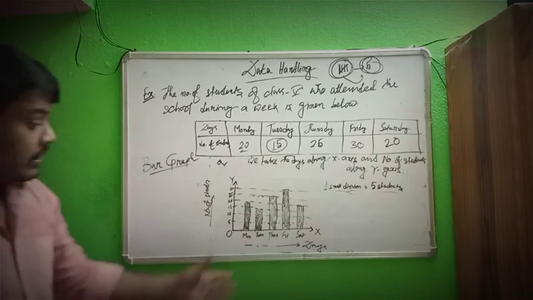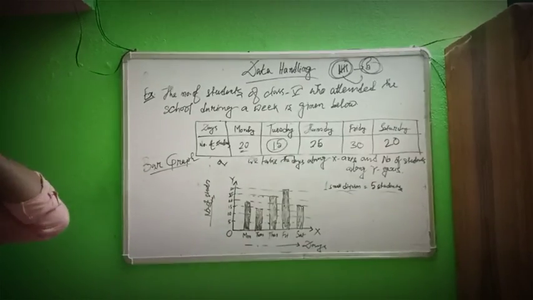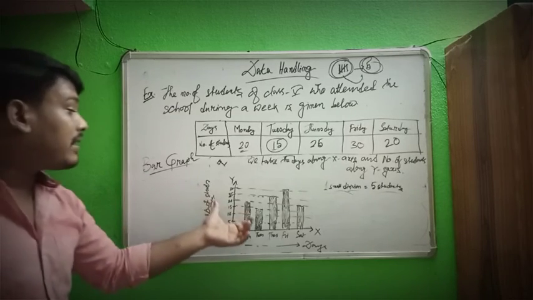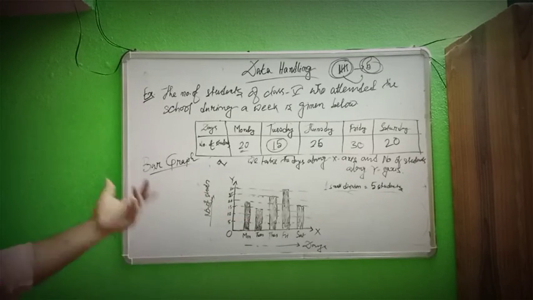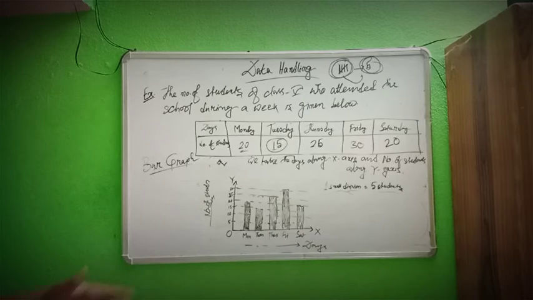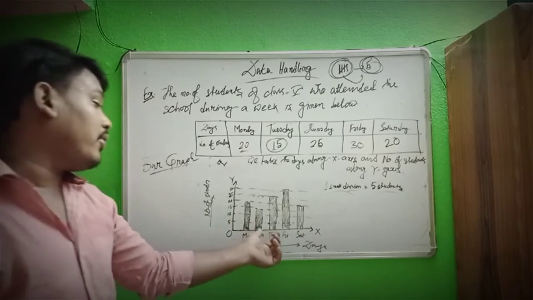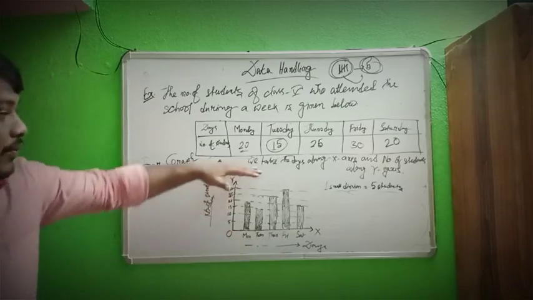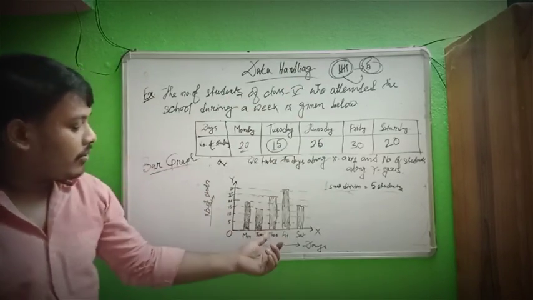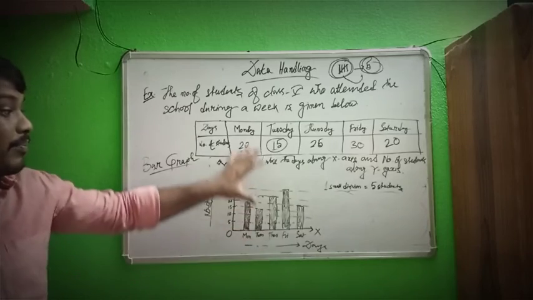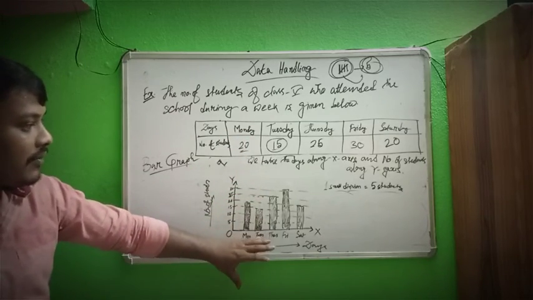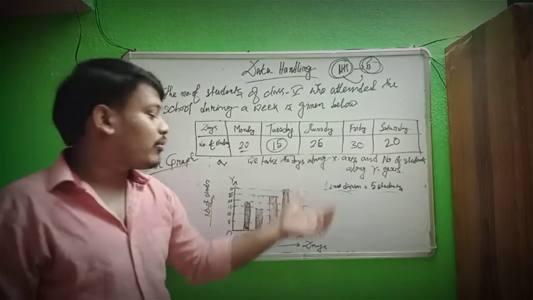Now, if one bar graph is given, you need to answer how many students attend the school on Tuesday. This value is not given, only the bar graph is given. The problem is the converse. Now the bar graph is given, you need to answer the question.